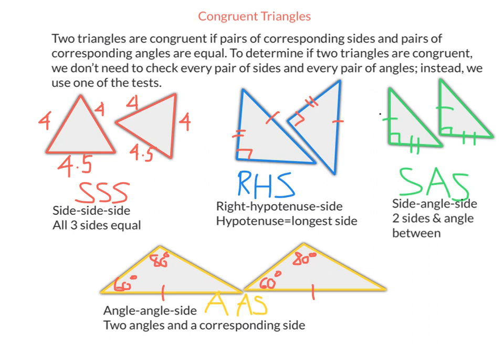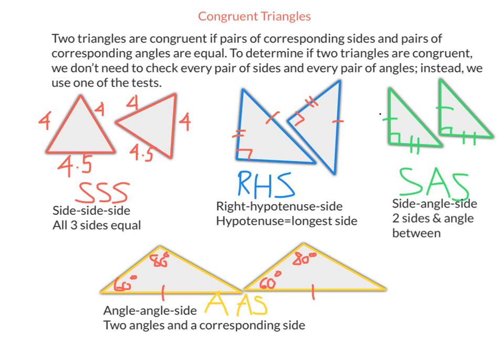So in these 2 triangles, I have 2 pairs of equal angles, and these sides are corresponding. These sides are matching up because they're both opposite or facing the 80-degree angle. Now, it turns out in any triangle, the longest side is always opposite the largest angle.